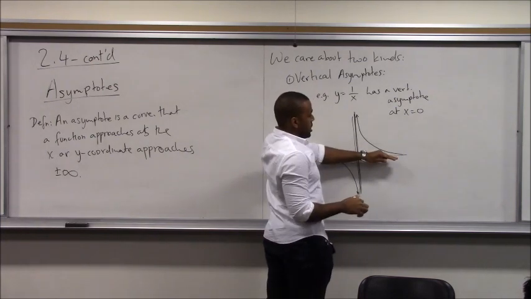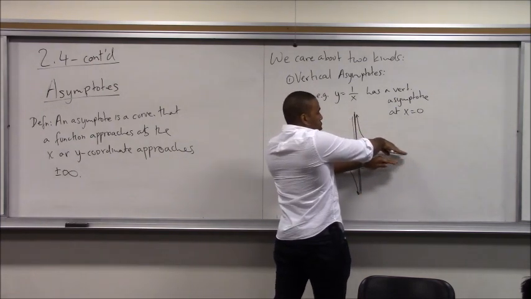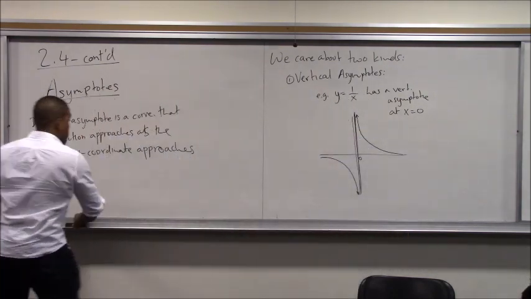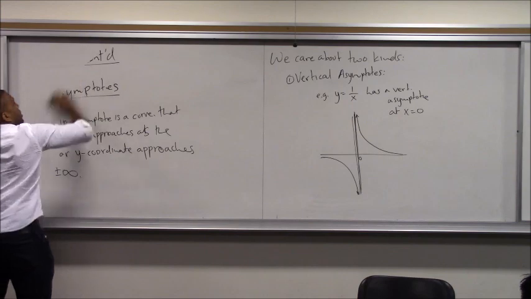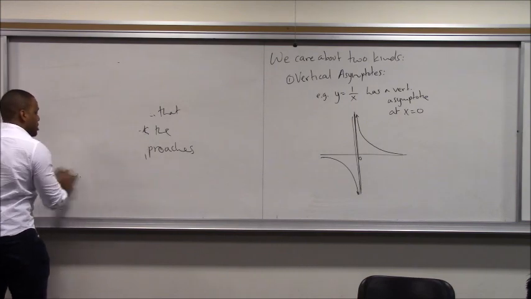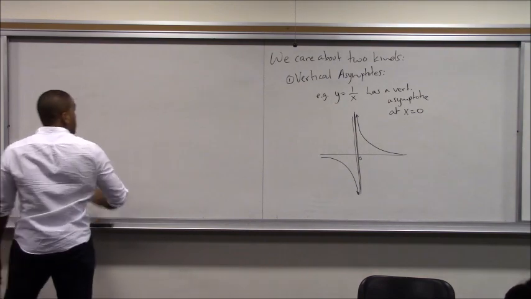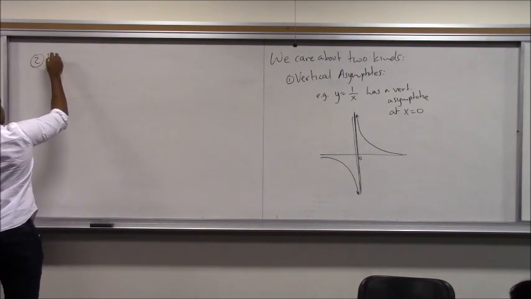You'll notice that there's a horizontal line that the function will approach as your x goes off to infinity. So we care about vertical and horizontal asymptotes, and I'm going to tell you how to find each of them. Horizontal asymptotes.